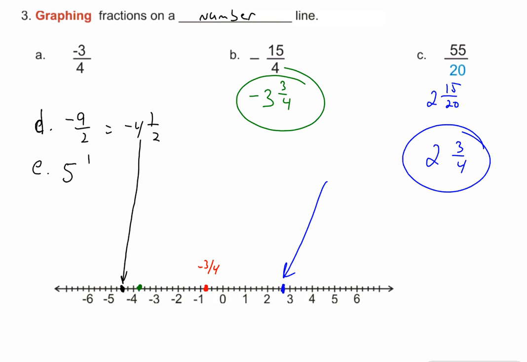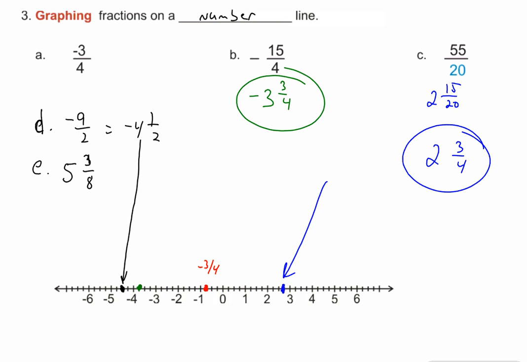Can I do this? 5 3/8. Aaron's already been up here, and Singe, you got your hand up.